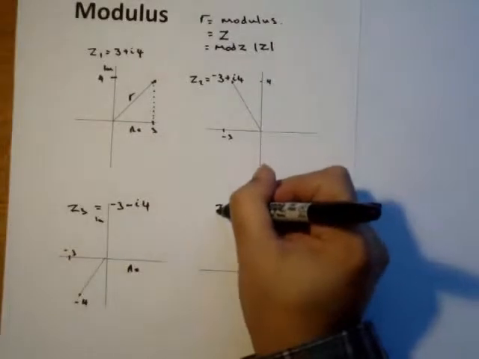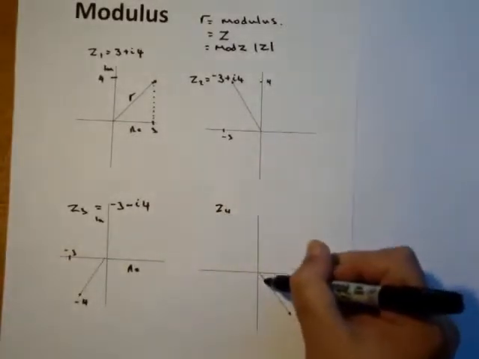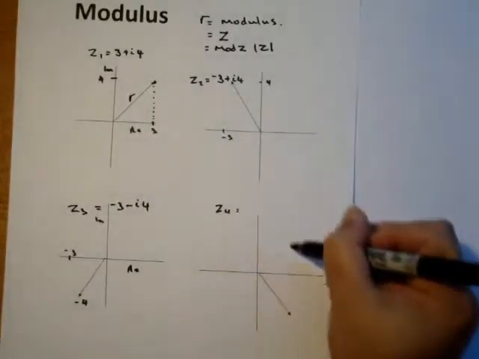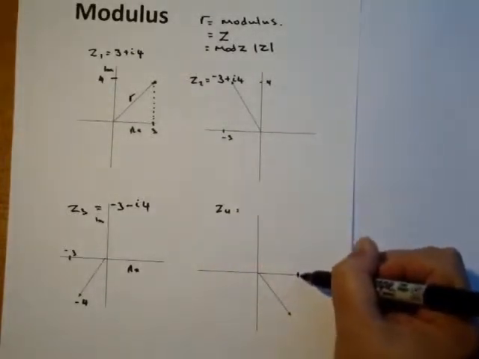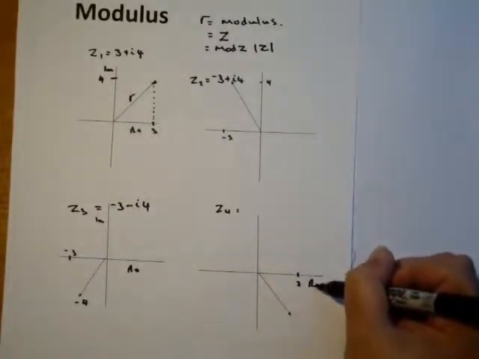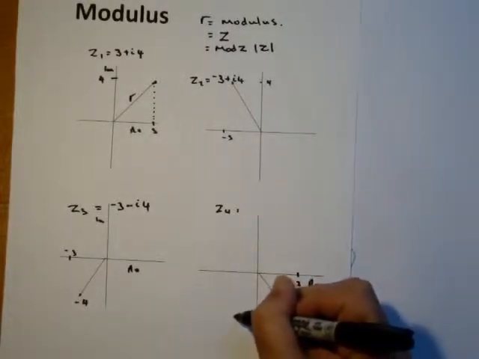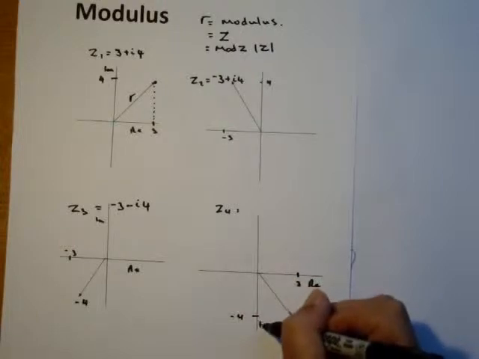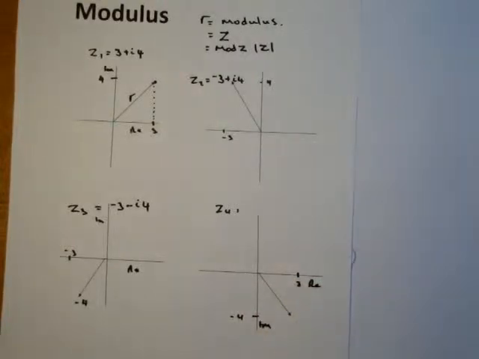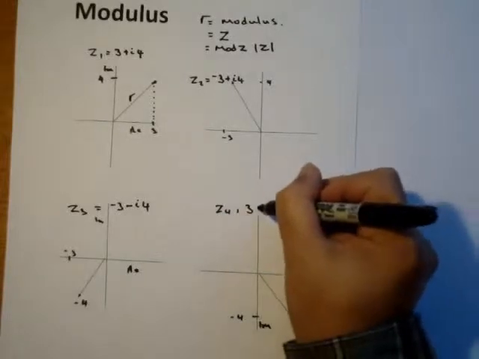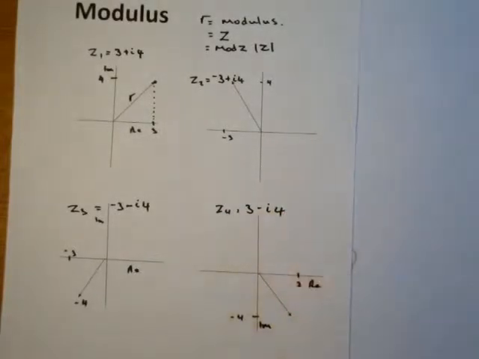Here we have z4, so the vector is in this fourth quadrant. Again we have 3 along the real axis and minus 4 along the imaginary axis. So z4 equals 3 as the real part, and then minus i4.